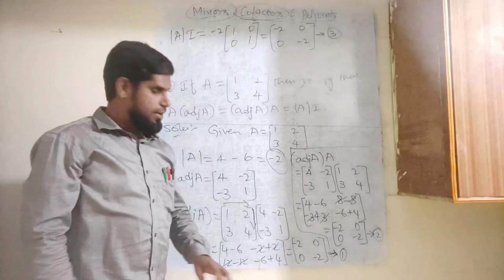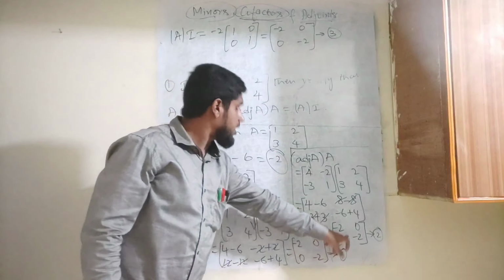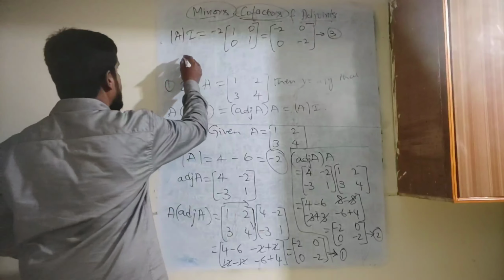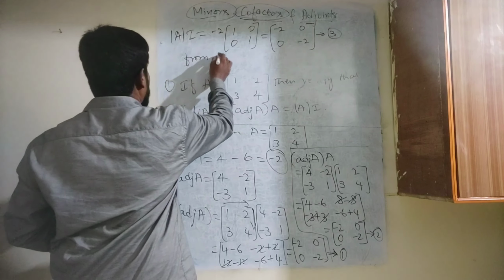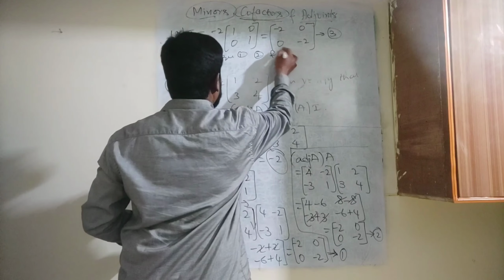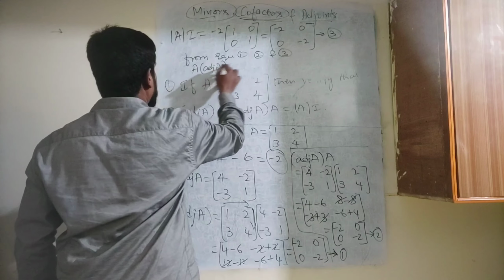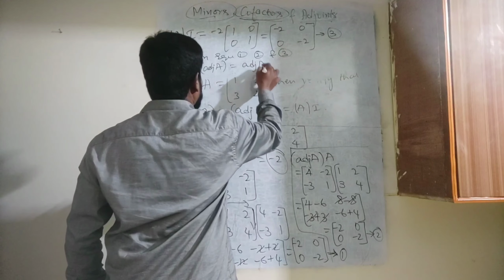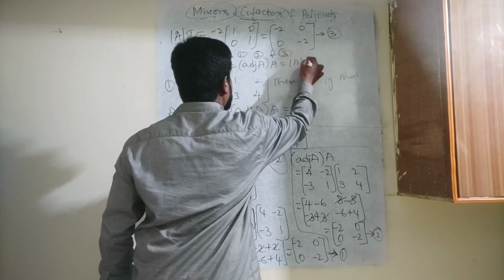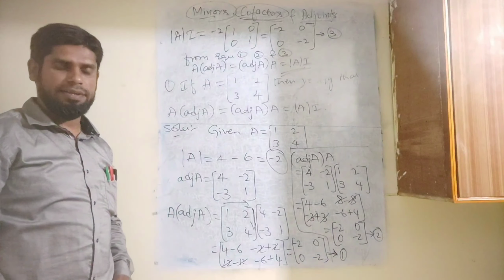If I compare equations 1, 2 and 3, all three are equal, isn't it? Therefore, from equations 1, 2 and 3, A into adjoint A equals adjoint A into A, which is equal to determinant A into I. Hence it is verified.